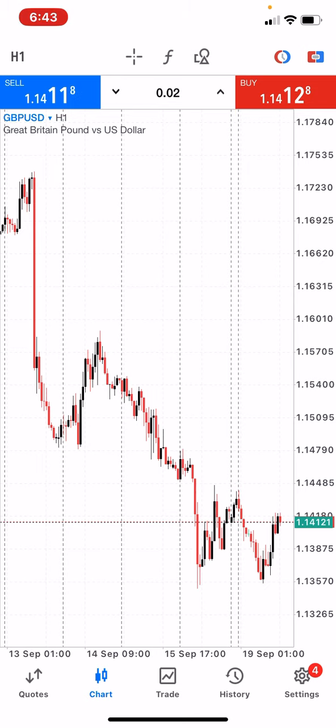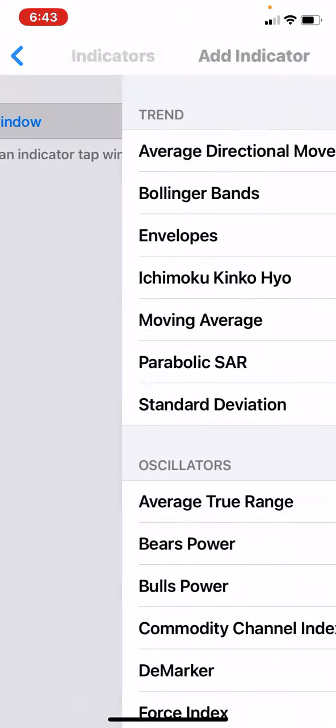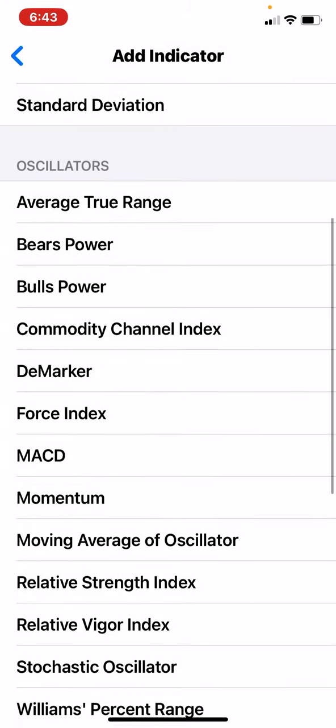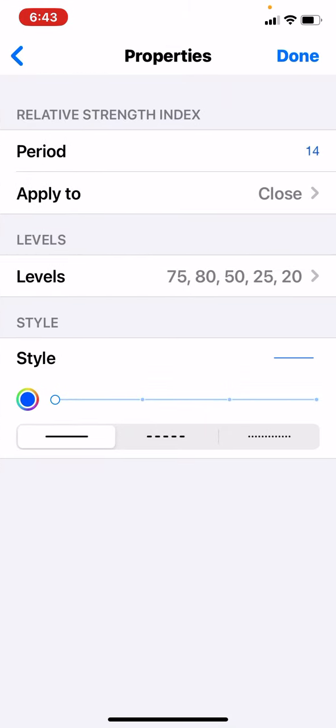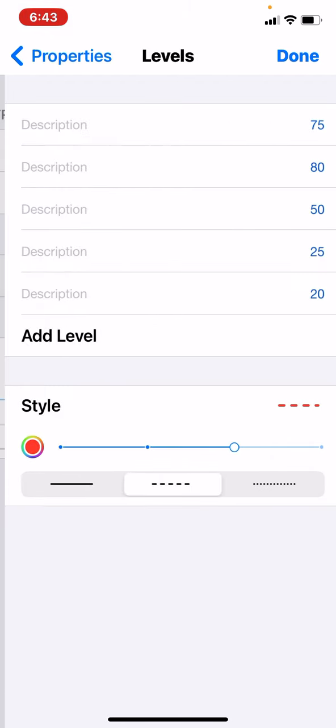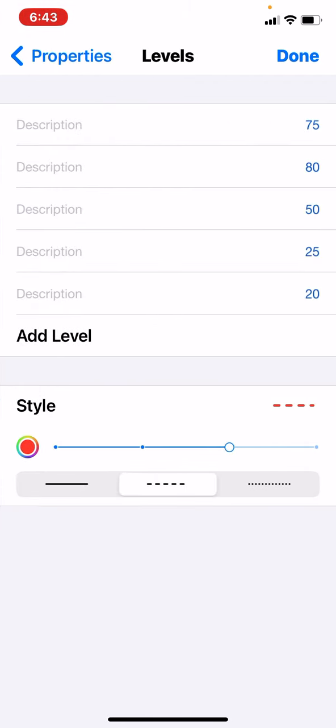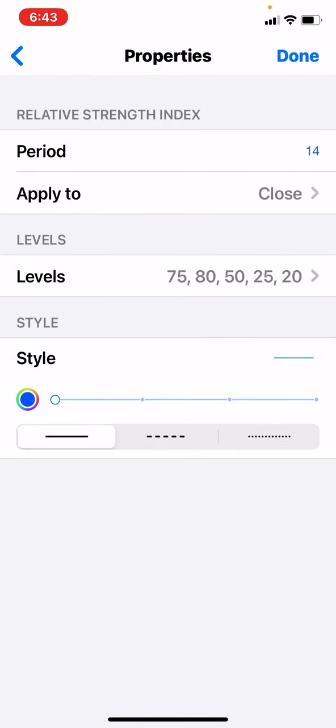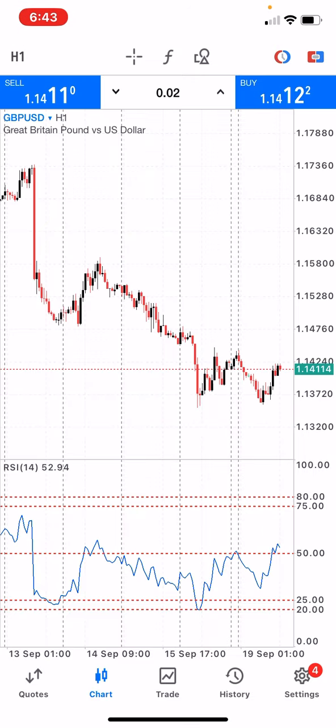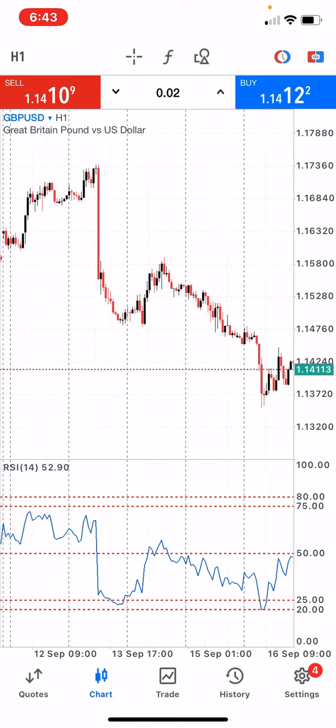I'll be very fast. So first, you should add the RSI indicator, period 14, and take note of the levels that you're seeing here: 75, 80, 50, 25, 20. You click on OK. Done. Our RSI is already here. This is how it will be.